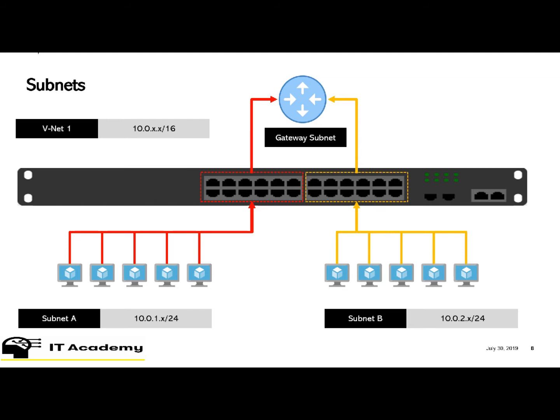So I then have two subnets that contain up to 256 hosts in each. The idea being then I've got capacity to add additional subnets later on, and I can add additional virtual machines into each subnet as I see fit.